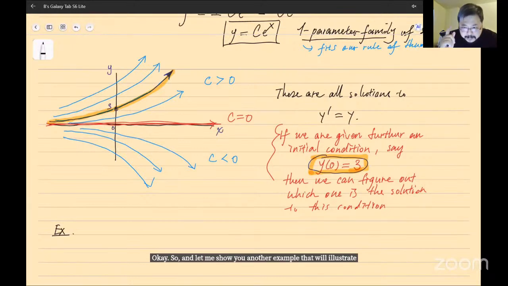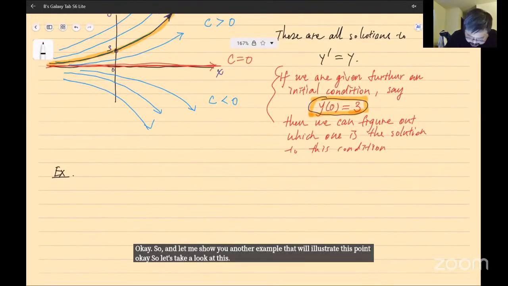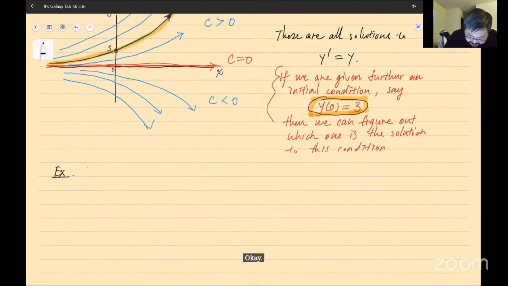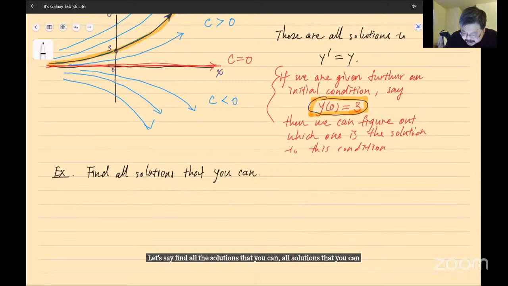Let's take a look at this. Let's say find all the solutions that you can. And why am I writing it this way right now?